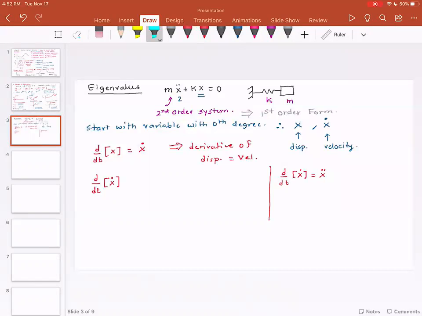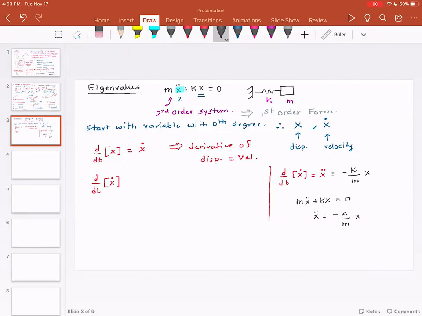This x double dot is present in this equation. So I can actually use that equation just like this. Check this out. I can say m x double dot plus k x is equal to 0. So I would write down x double dot is equal to minus k divided by m times x. In other words, this equation can be written as minus k by m x.